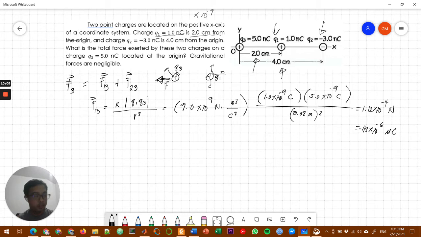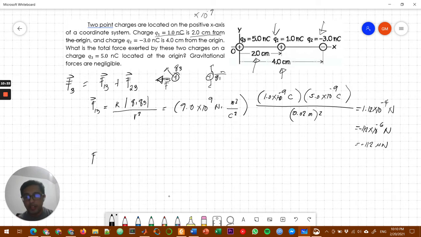So this is negative 112 times 10 to the negative 6 Newton, or just negative 112 micro Newton. Micro stands for times 10 to the negative 6.